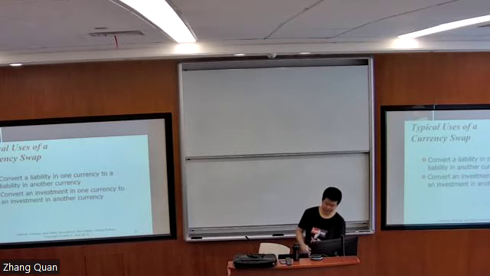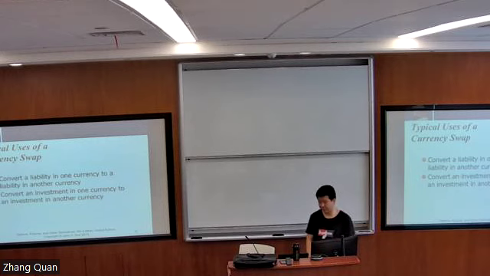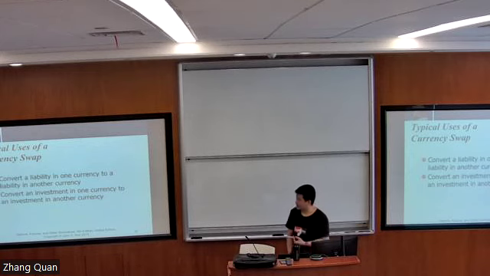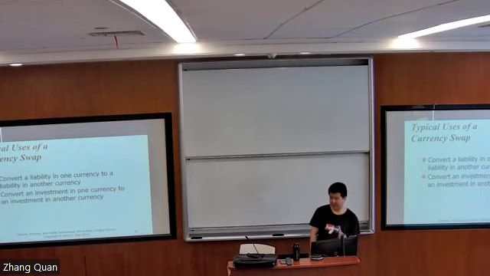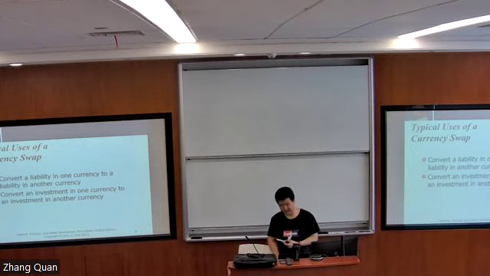Okay, so the usage of a currency swap is exactly the same as the usage of an interest rate swap, right? Basically, you can use it to exchange your liability or convert your asset. So the purpose is all the same. Converting liabilities or asset investments has the sense of hedging, but if you want to speculate, say on exchange rate changes, you can also use a swap contract, right?